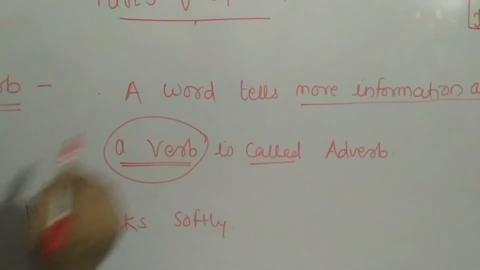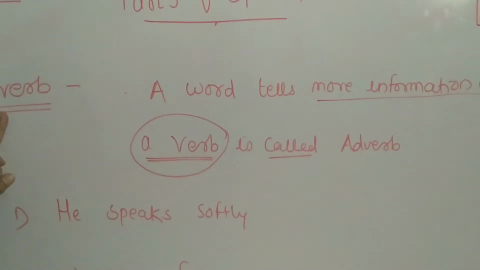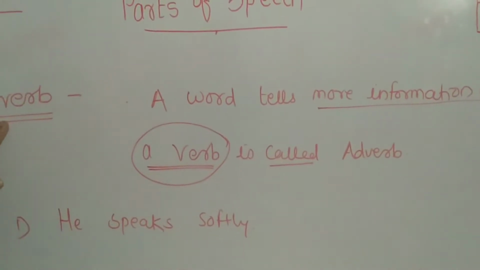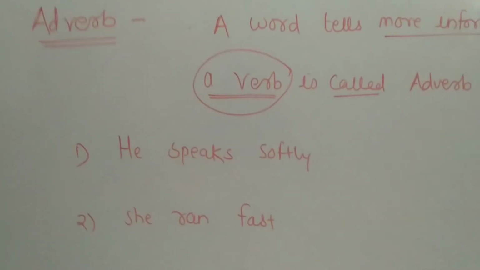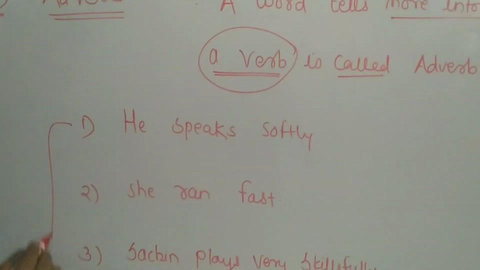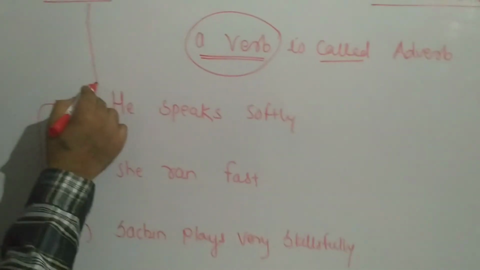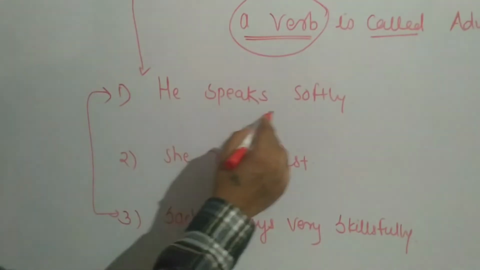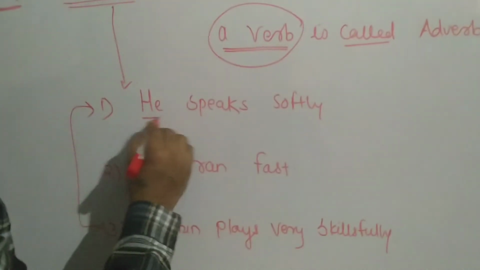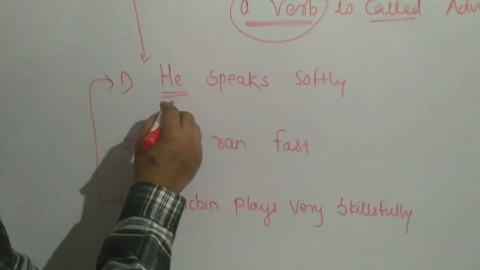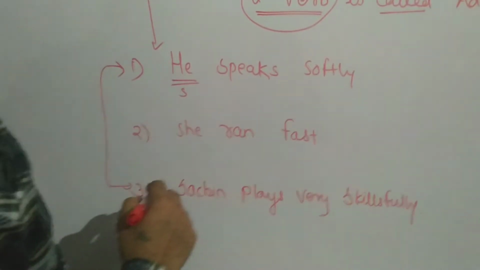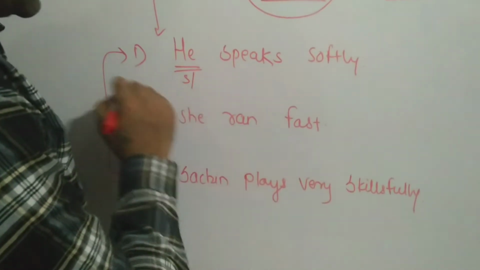This is the slight difference between adverb and adjective. Now we can identify the adverb in an example. He speaks softly. Now student, here he is the subject or name of a person.